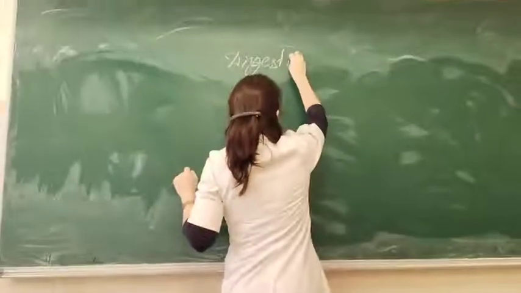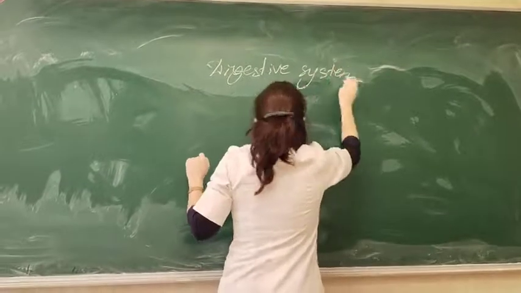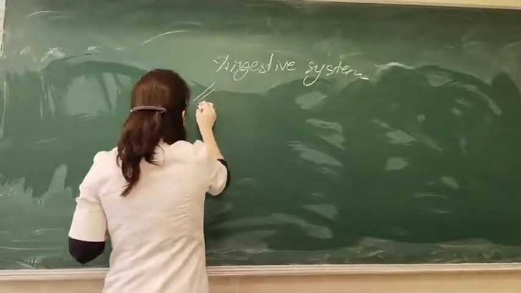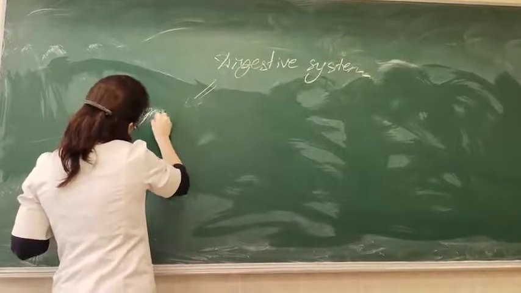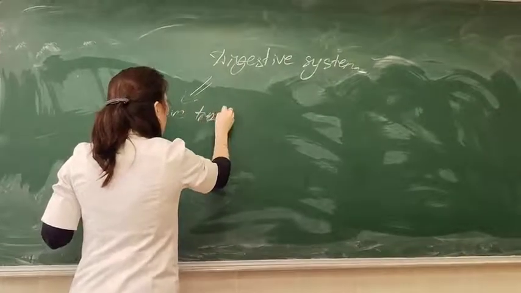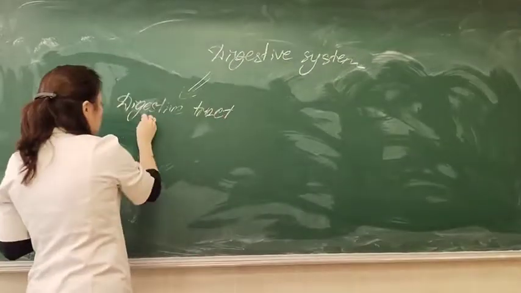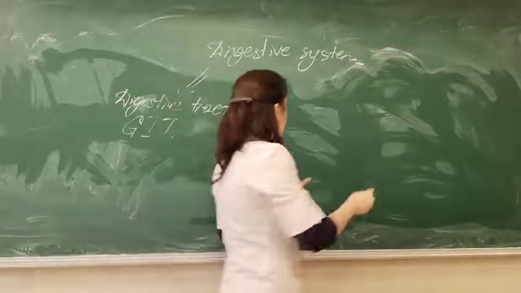I divided the digestive system into 3 groups. The first group is organs of the digestive tract. Or we can also call it gastrointestinal tract, GIT.